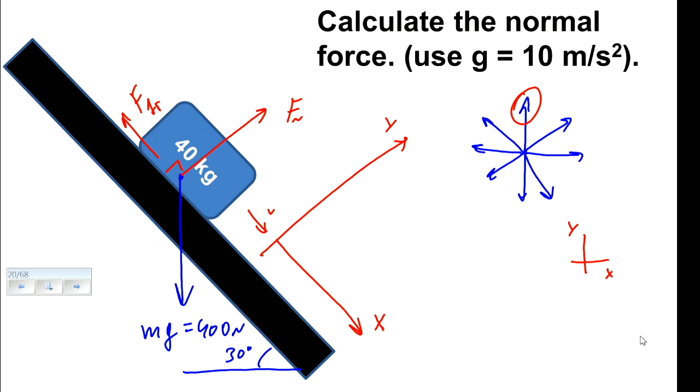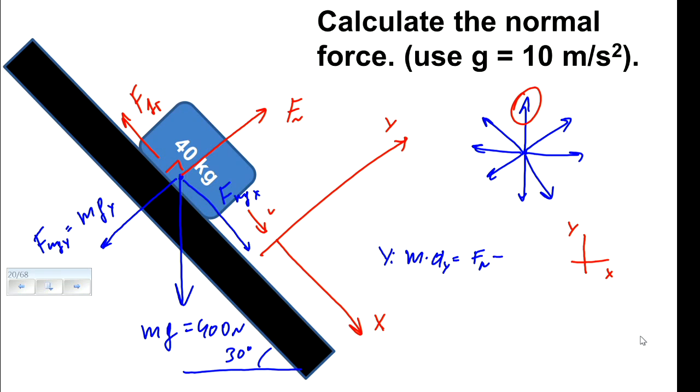So this arrow represents the x component of force of gravity, F mg. This arrow represents the y component of the force of gravity. And if we write Newton's law relative to the y-axis, it should be m times ay equals normal minus magnitude of mgy.